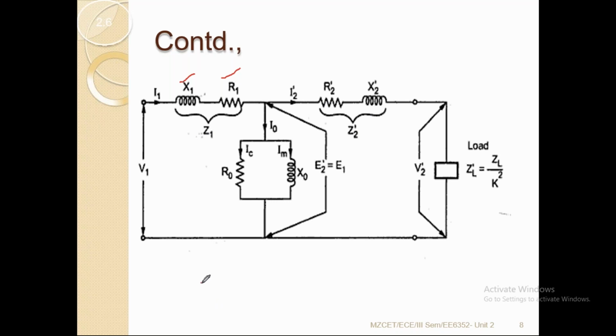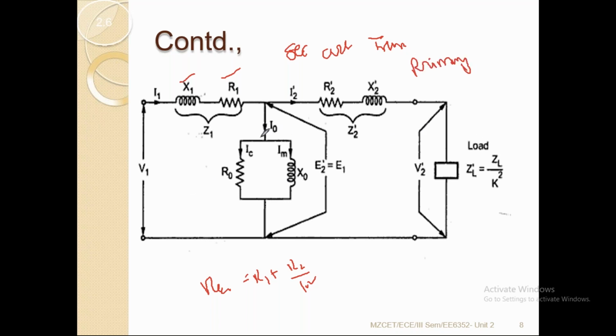Now we can write R1 plus R2 dash is equal to R2 divided by K square. Then you will get the equivalent resistance. Similarly, equivalent reactance and equivalent impedance. So this is the equivalent circuit when secondary parameters are transferred to the primary.